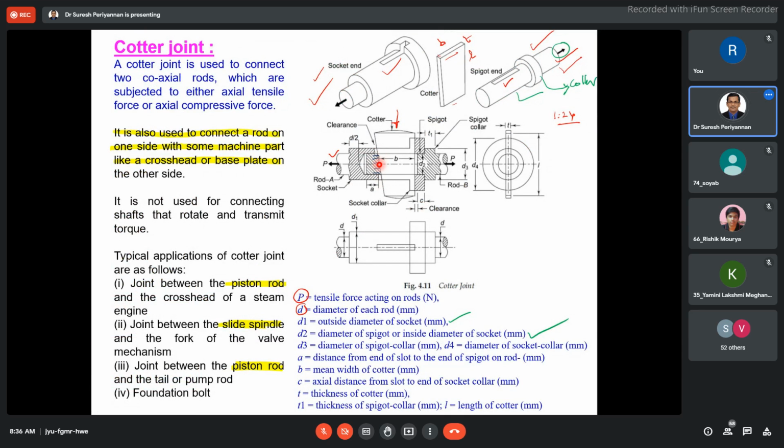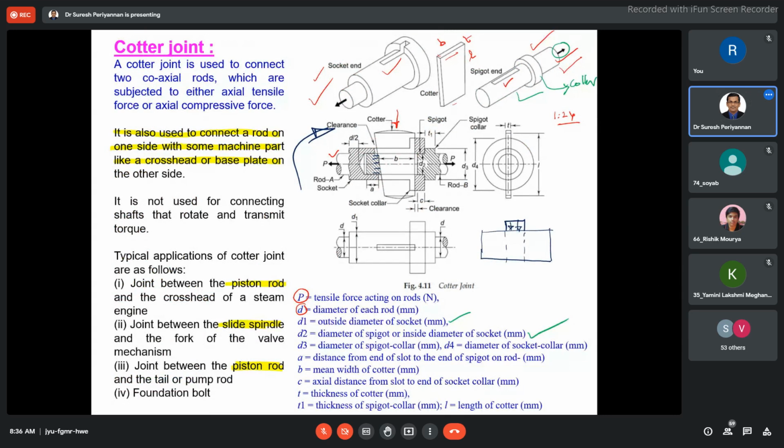Just turn this diagram vertical. When you turn it vertical, the cotter is going to look like this. Now the uniform force is acting, distributed between the cotter and the spigot.